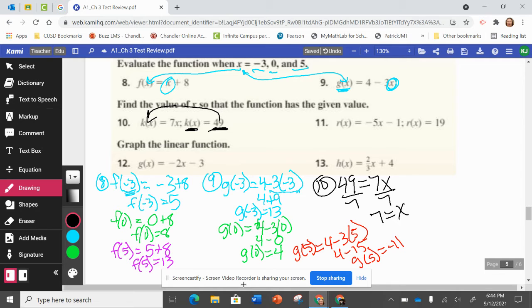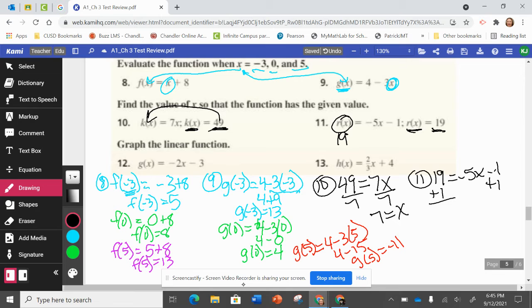Then do the same thing for number 11. They're telling us that the equation is equal to 19. So we plugged something in for x, and that answer was 19. So if I do that math, we have 19 is negative 5x minus 1.